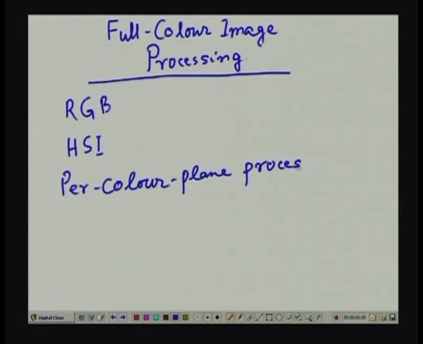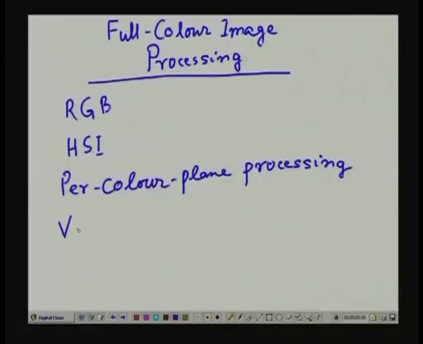In this category, you process every individual color component of the color image, and then you combine these processed components to give you the processed color image. And the other type of processing is by using the concept of vectors.